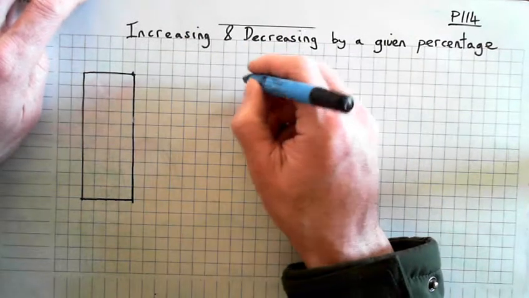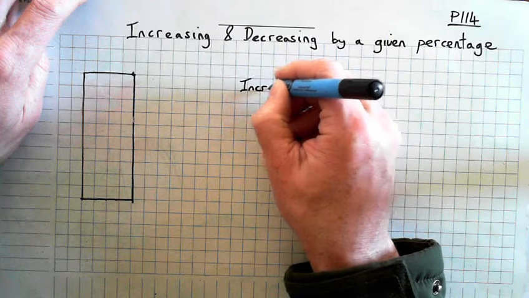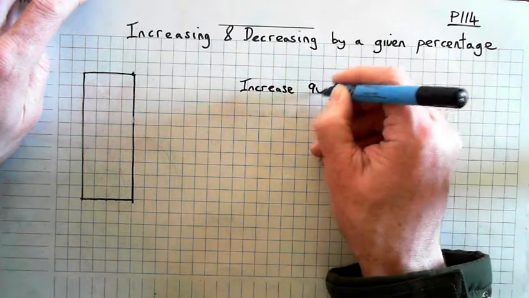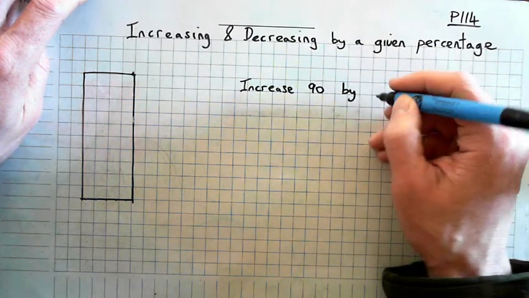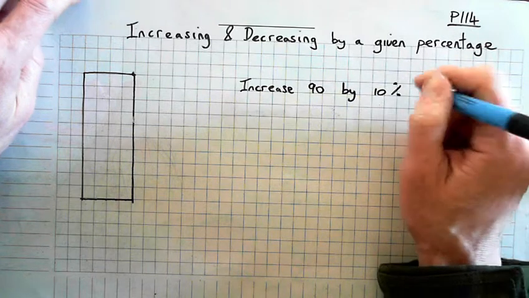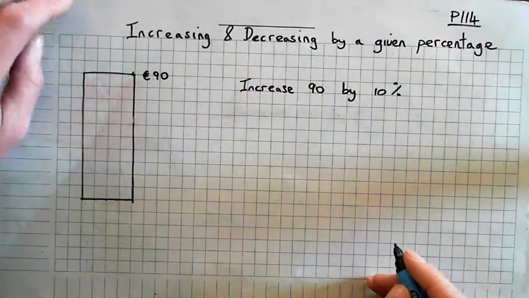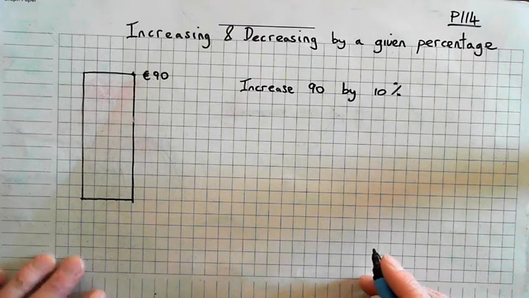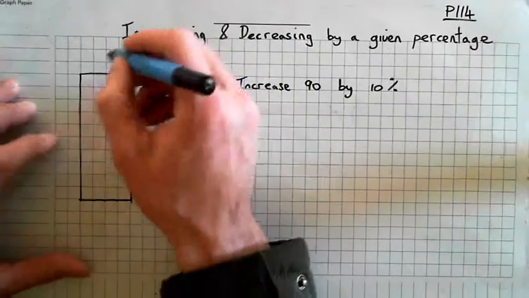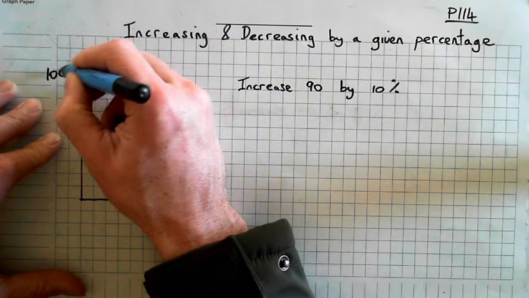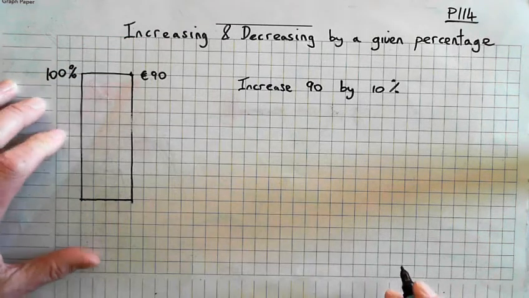Again, increase 90 by 10%. So this is my 90 euro. This is the method I want you to use. 90 euro is 100% of my money.